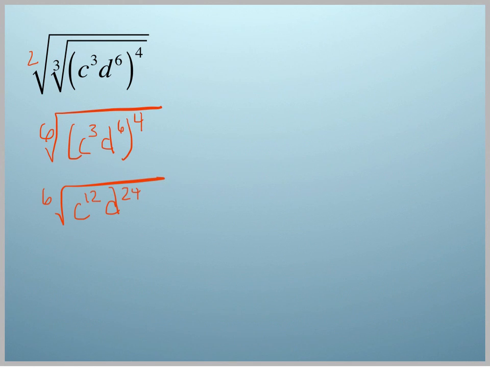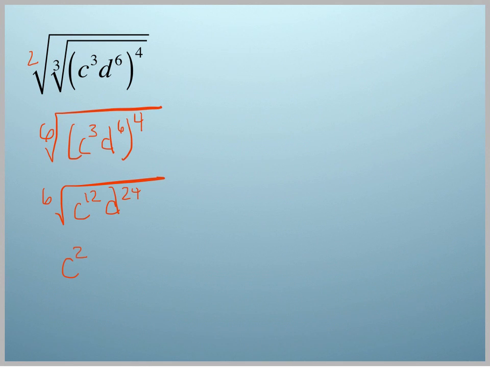Now, this time, instead of writing 12 c's out and 24 d's, we're going to use our shortcut. So 6 goes into 12 twice, so that means I can bring c squared out. It divided evenly, so nothing's left underneath the radical.